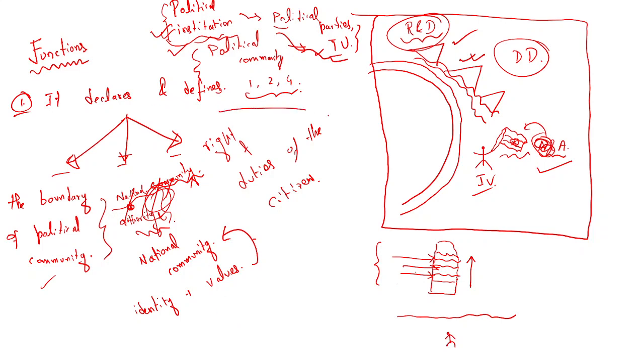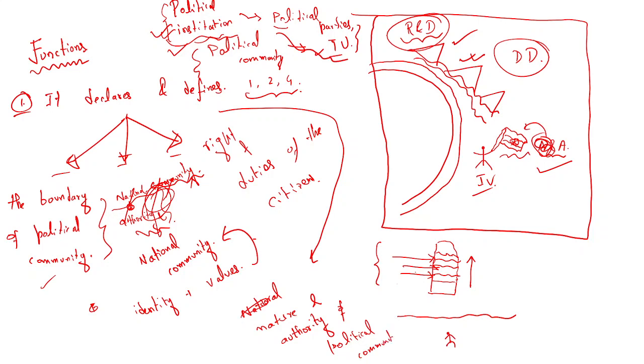It declares and defines the nature and authority of political community. So this is very easy, very common. So we have this nature, right?